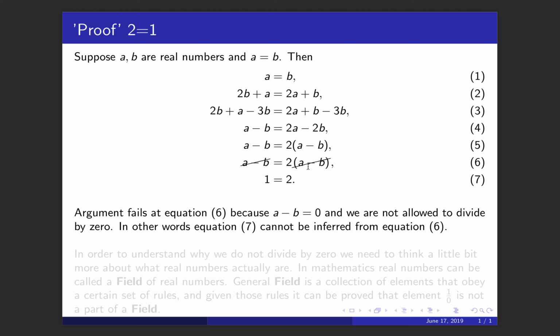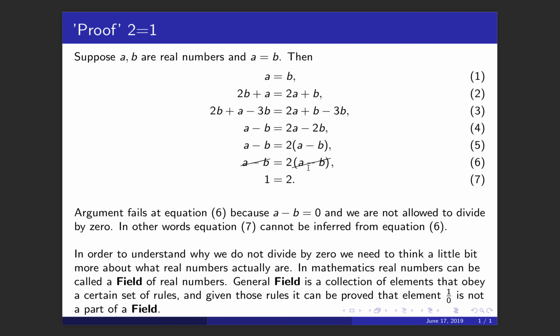So division by 0 was that exploit that I mentioned at the start of this video that allowed us to do this false proof. Having now done this false proof, let's quickly discuss why exactly we do not divide by 0 and what is so bad about it.